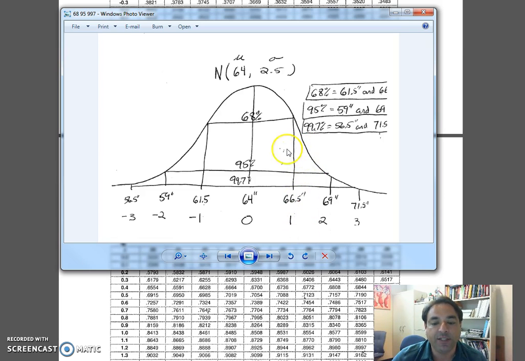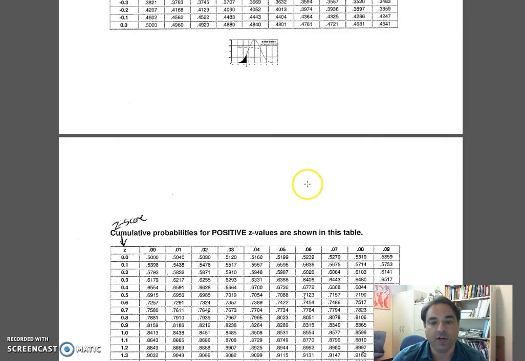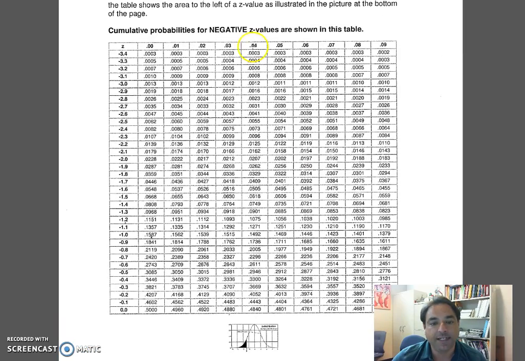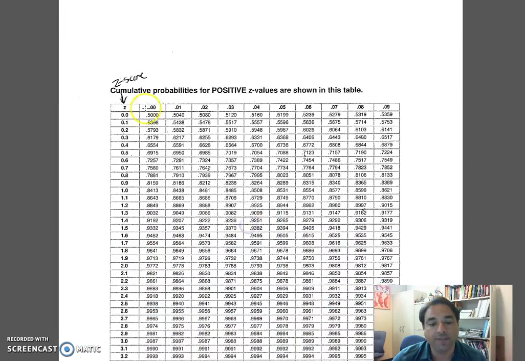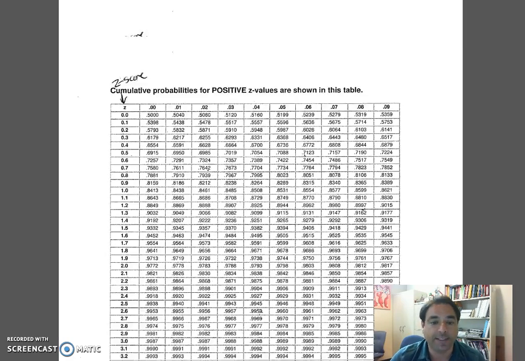So if I was doing less than 1.2, it'd be a larger percent. If I was at -1.2, less than, it'd be a smaller percent. So you'll notice that all of the negative ones are less than 50, because they're to the left of 0, and all the positives are greater than 50, because to the right of 0. But the table always tells you less than.